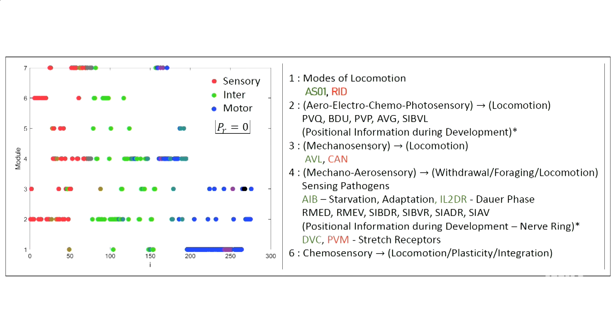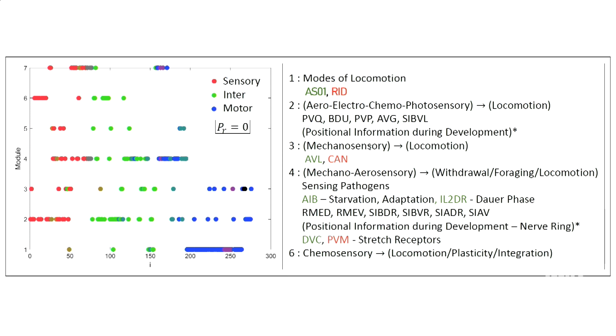We can go up through different modules and we see that different sorts of sensory modules communicate with locomotion modules and motor neurons. And interestingly, in two of these modules, some of the neurons picked out play a very important role in positional information during development. Now, is this a coincidence? We don't know, because no information about development has gone into it.